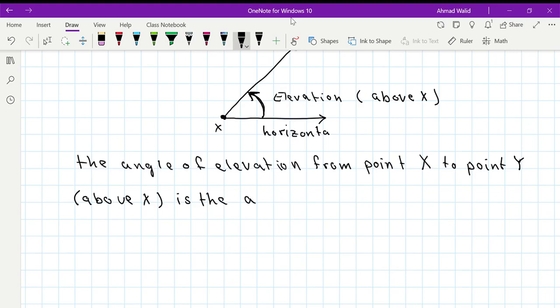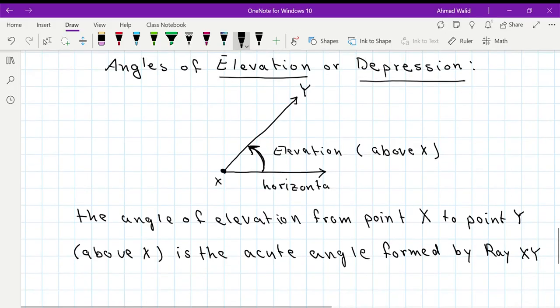You see it's an acute angle in the diagram, formed by ray XY. You see your XY is a ray.